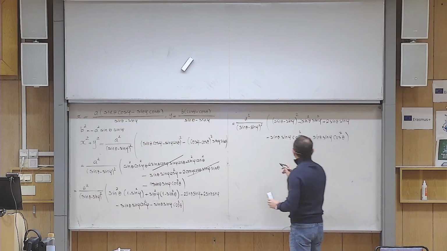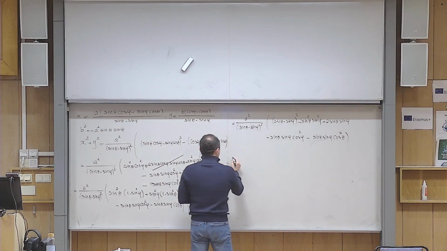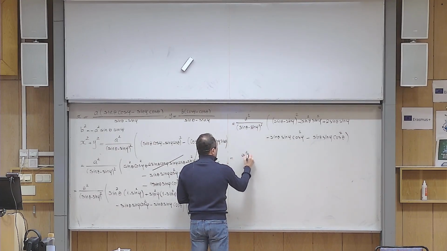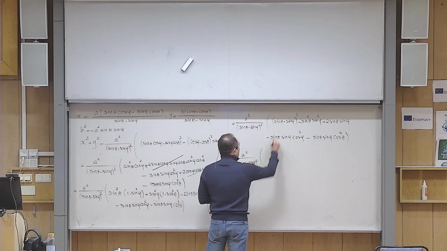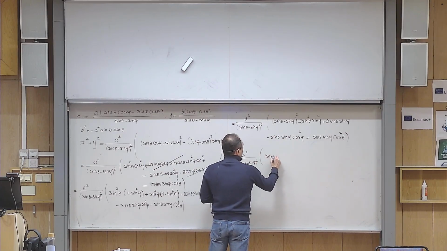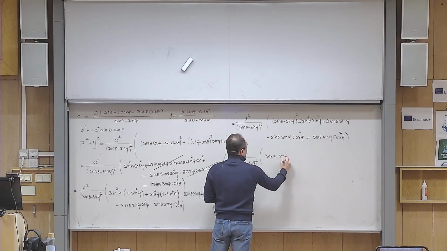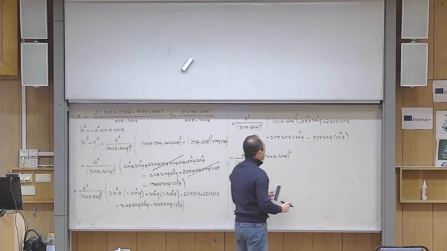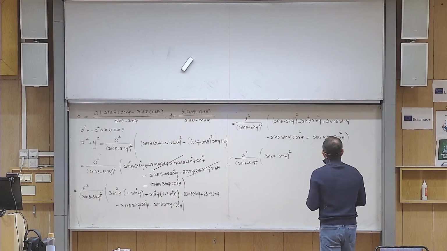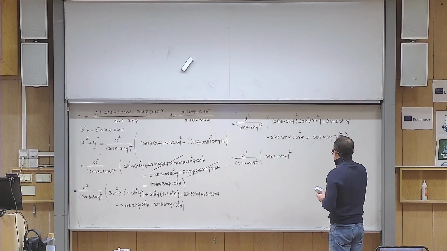Okay, let me do it again. So this becomes equal to a squared over sine theta minus sine phi squared, and then sine theta minus sine phi squared, and then let me see if it is a good idea.